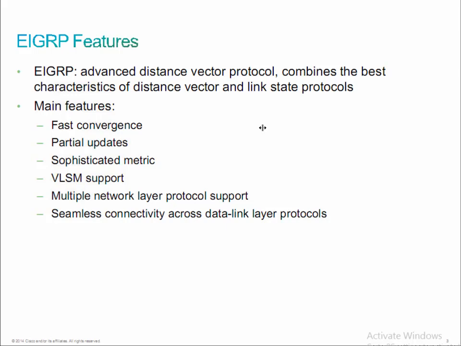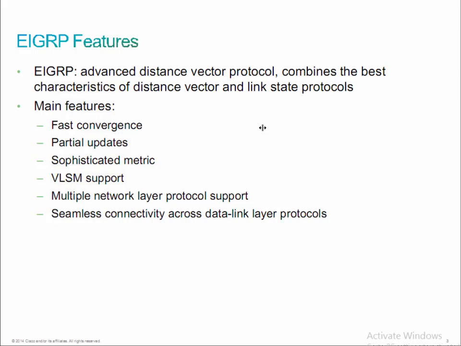All right, now we know that EIGRP is an advanced distance vector routing protocol. Yesterday we talked about the concept of distance vector versus link state, but EIGRP is often considered to be a hybrid protocol. It's a little bit of a misnomer because technically EIGRP is a distance vector protocol.